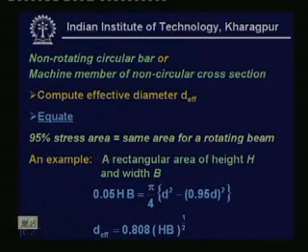This is basically called the 95% stress volume concept. Here I have written it as a stress area, I will show you the reason, and this 95% stress area is equated with the same area for a rotating beam.